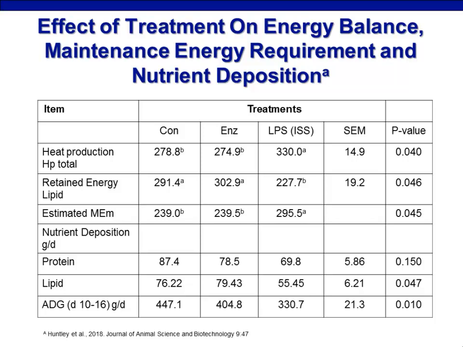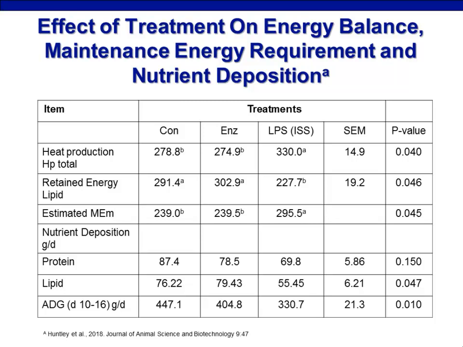We look at retained energy and look at our amount of retained energy from a lipid standpoint, and what we see, we have a reduction here. Less lipid was captured in that system, again, significant. Estimated metabolizable energy of maintenance, and what do we see? 239, these two. The enzyme made no difference in the diet.